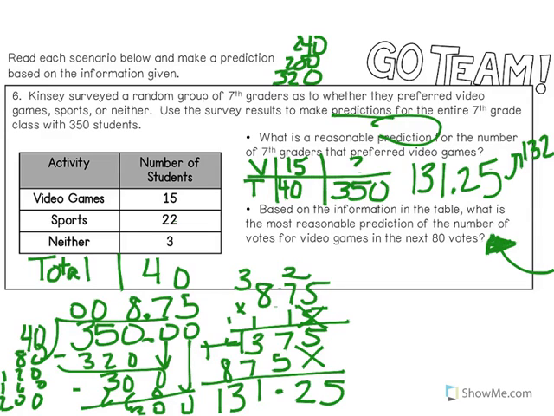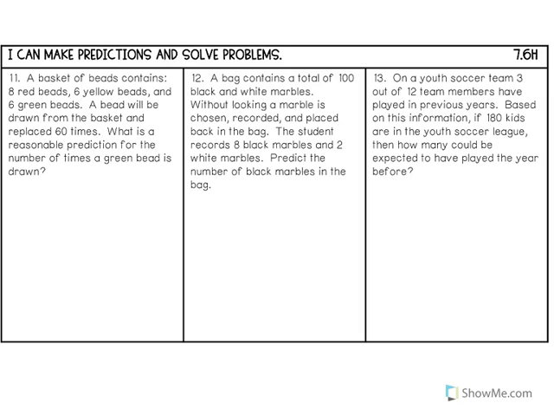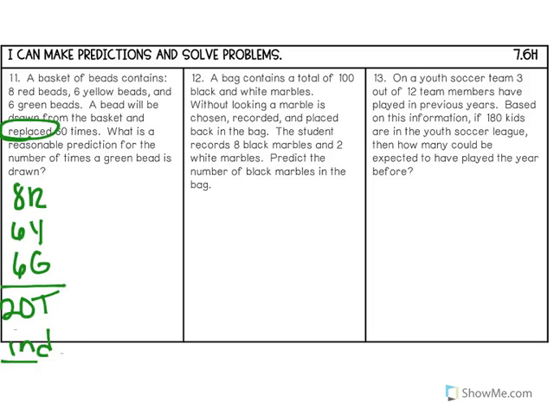Okay? So for another problem, I'm going to look at number 11. It says a basket of beads contains 8 red, 6 yellow, and 6 green. That means that there are 20 beads. If a bead is going to be drawn 60 times and it's replaced, which means it's an independent event, it's not going to affect it, what is my prediction for a green bead?